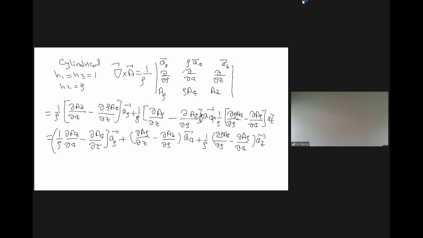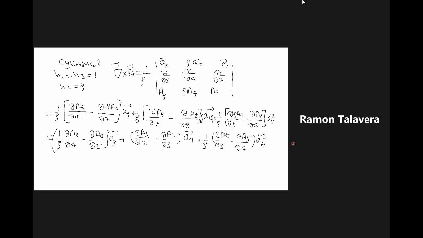Remember when I introduced, right at the beginning of chapter 3, anytime you want to write line increment, when we defined line increment in coordinate system, anytime you write line increment, it's dx ax, dy ay, dz az.